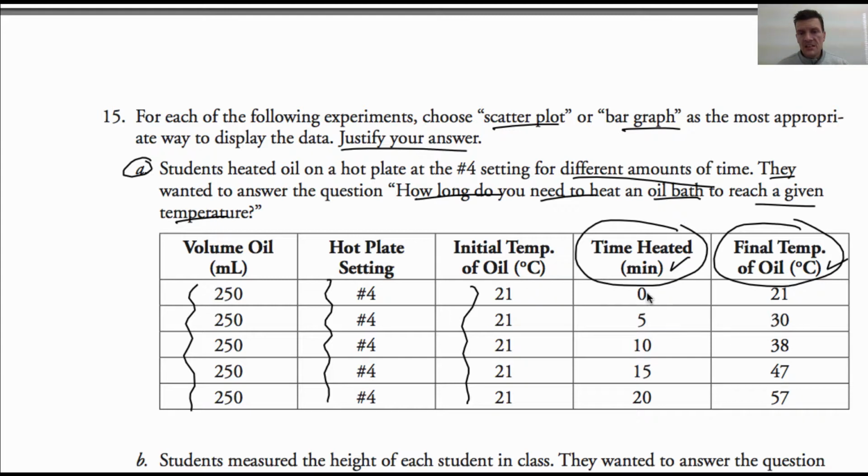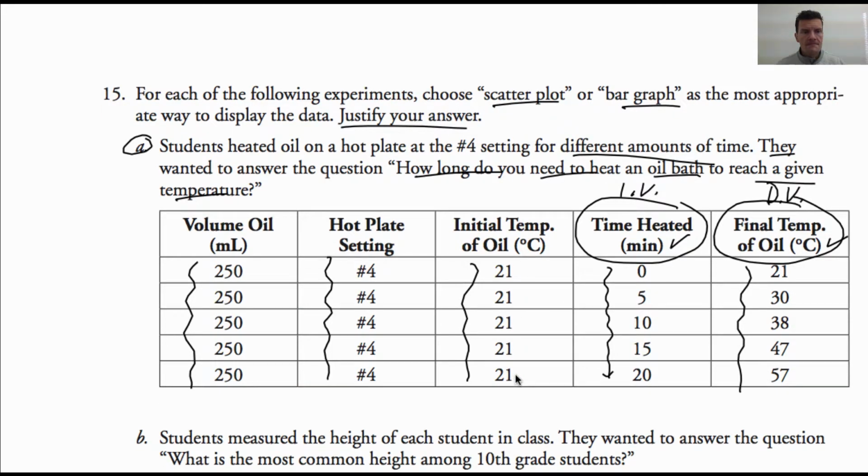Okay? And the nice thing is that they have organized this by your independent variable increasing from 0 to 20 in increments of 5, and you're able then to see what the effect is on the dependent variable. So in this case, for A, you probably would want to use a scatter plot.